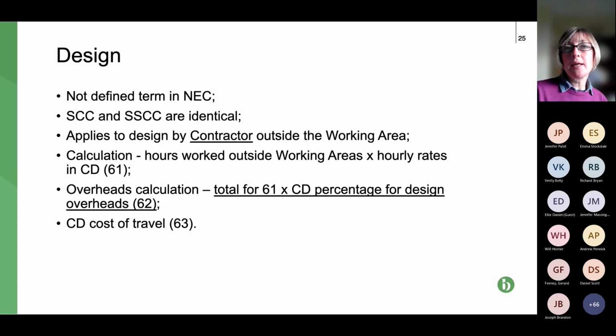There's also an overhead and potentially profit calculation. And again, it's a percentage of the sum claimed for the individual designers. And then in addition, the cost of travel, wherever there's any travel required, is added on. So that's design. Next slide, please.